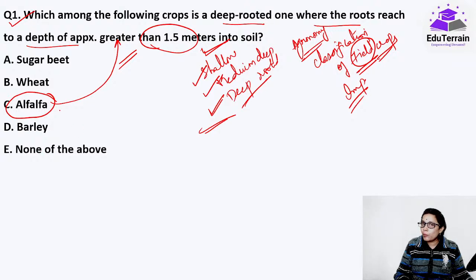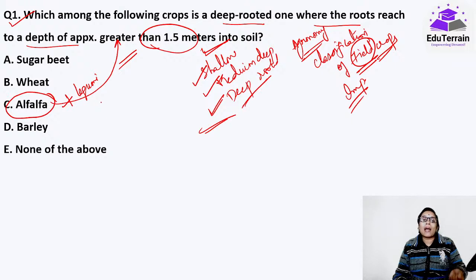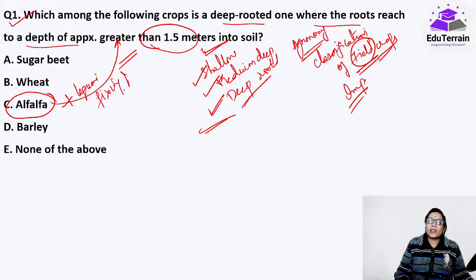Not only is it deep rooted, it is also a leguminosae, fabaceae family member, where they add nutrition back to the soil with the help of the root nodules, that is, fixing atmospheric nitrogen into the soil.